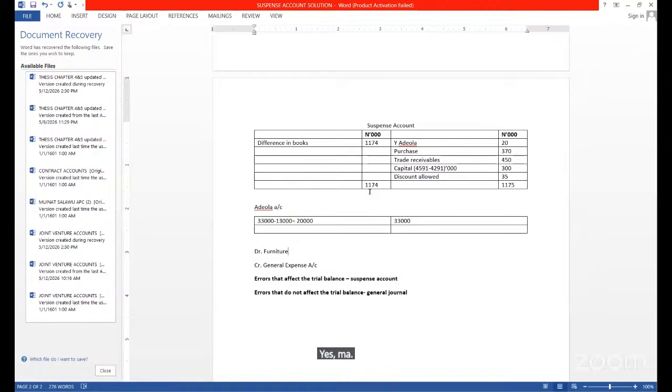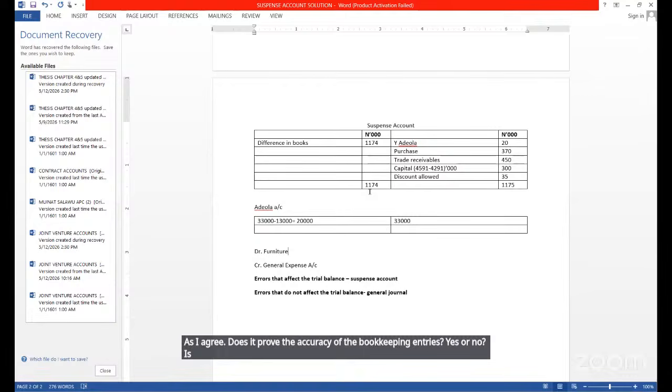For the question we have, the first question asks: if the two sides of the trial balance agree, does it prove the accuracy of the bookkeeping entries? Yes or no? Are the bookkeeping entries correct because the two sides of our trial balance agree? I need an answer.